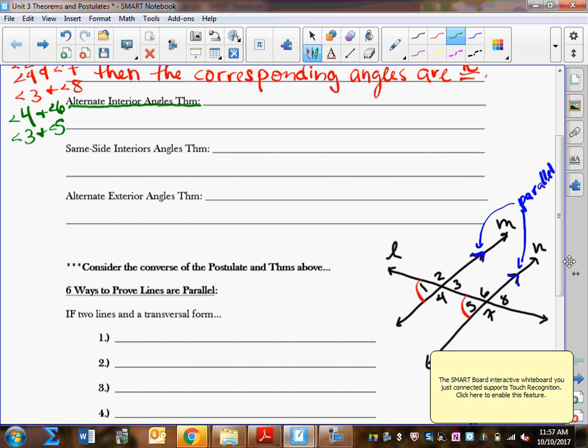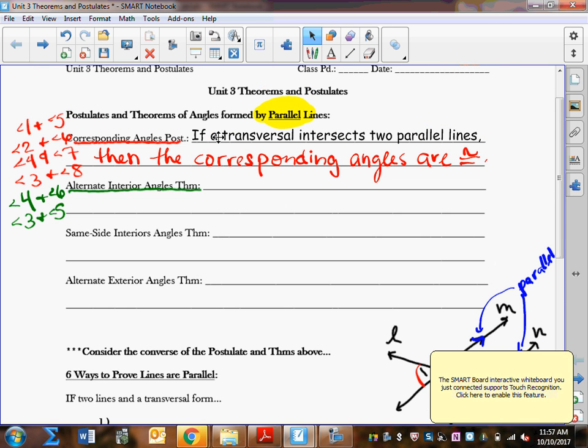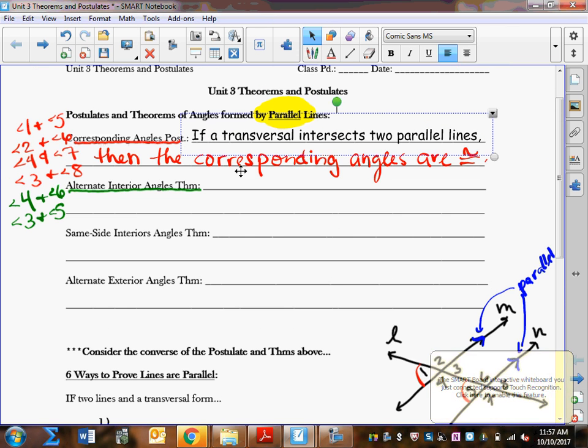Alright. So for this one, we're going to start off the same way as I did for the corresponding angles postulate.